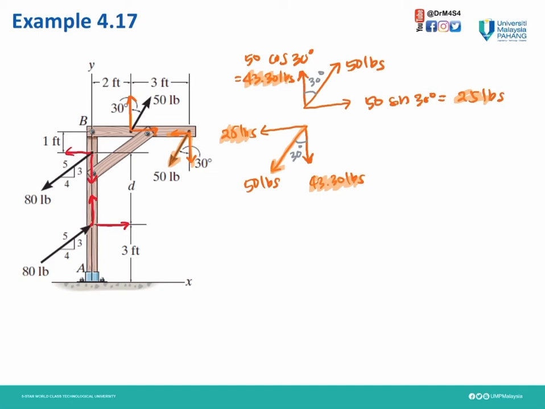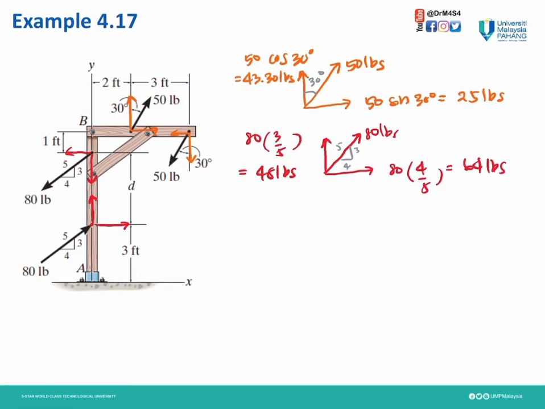We have done it on the 50 pounds, so we do it on the 80 pounds. For the 80 pounds, we take this side. For that one, we can simplify the 80 this way. So that's also 80 pounds, so we cancel this out.